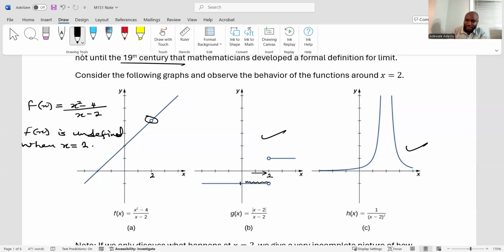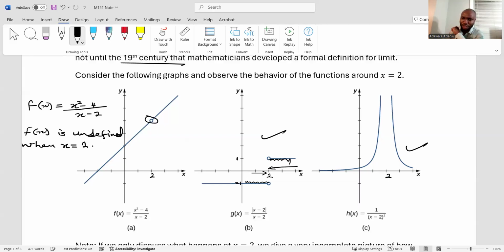The same thing towards this side: about x equals 2, the y value is getting to a particular y value. Here also we can say 1. Oh, here is -1, so here is +1.